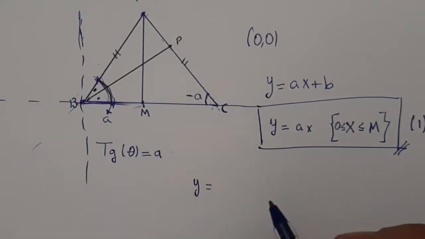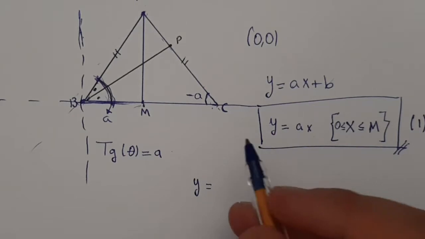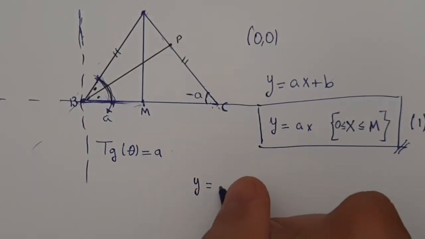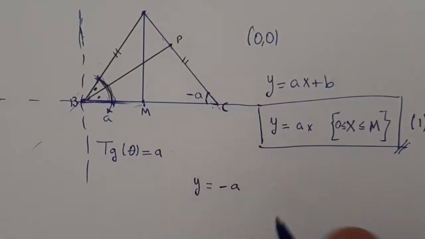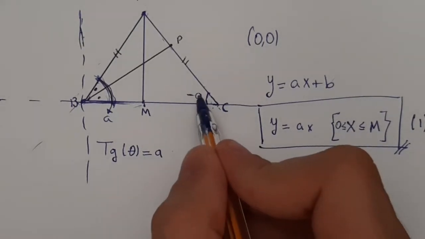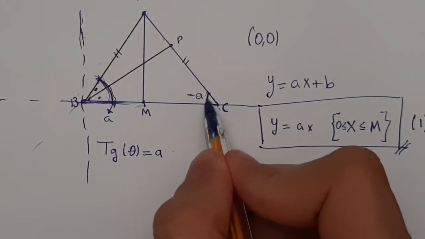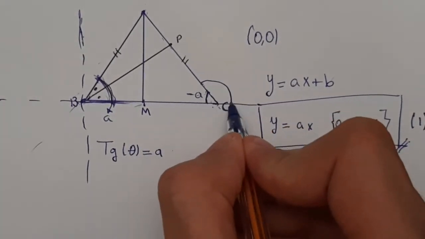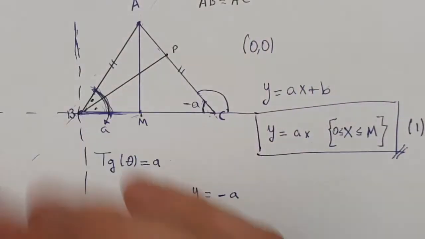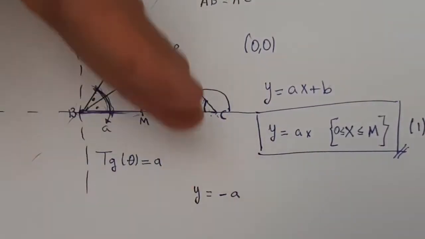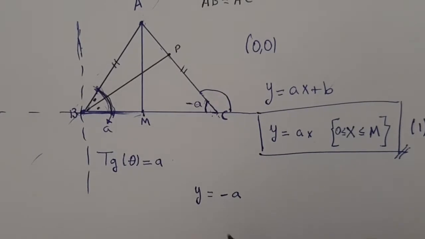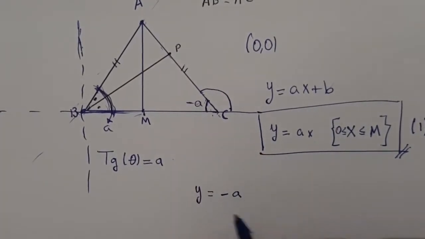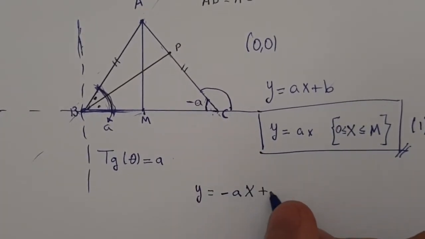Now notice that the linear coefficient over here is minus a, because we're actually not taking this one over here. This is the minus a, because it's falling down. So minus a multiplied by x plus b.